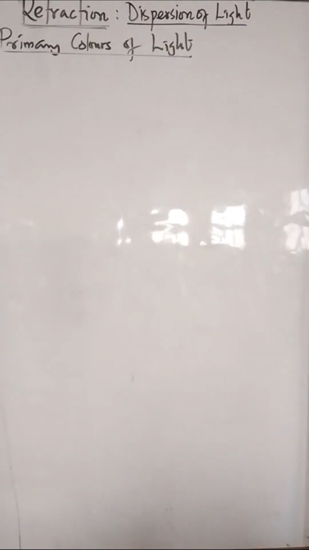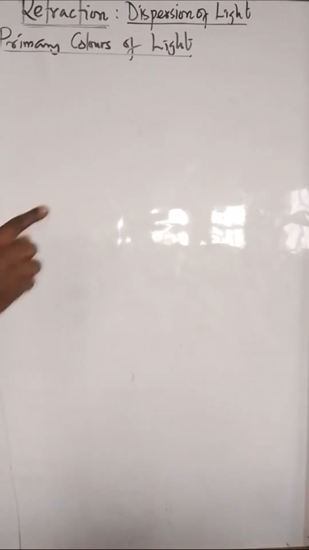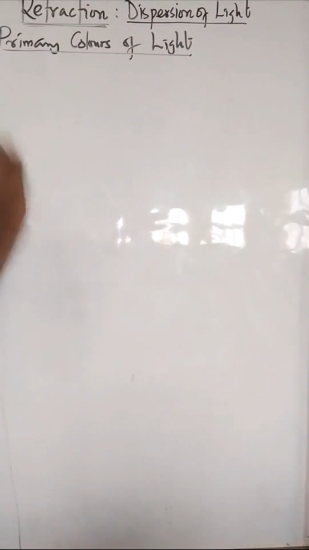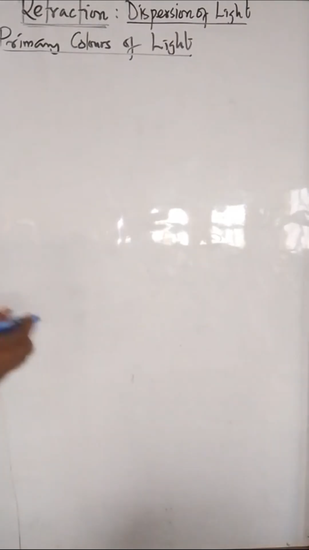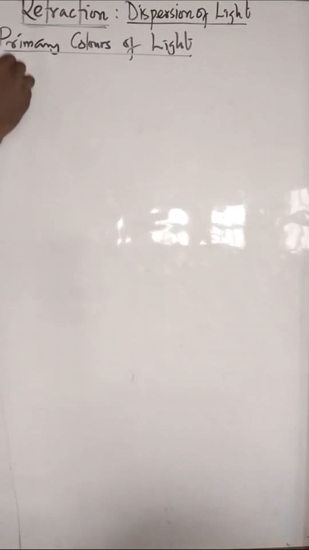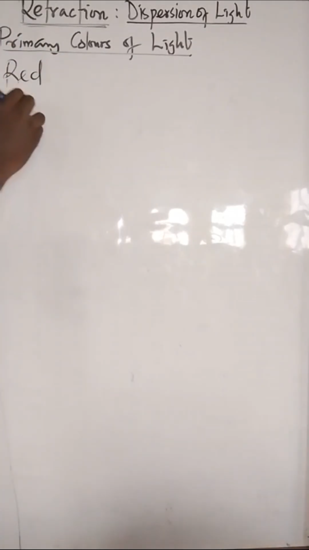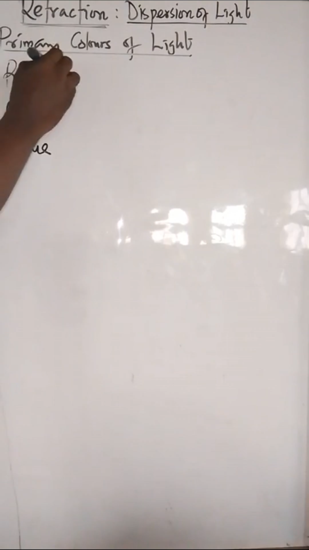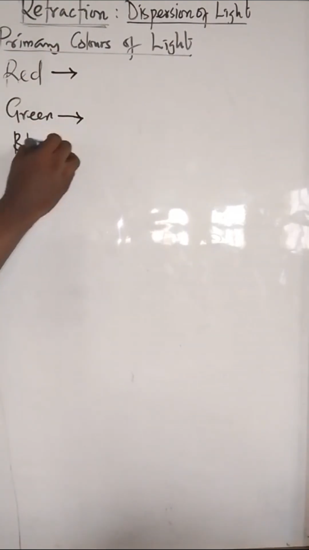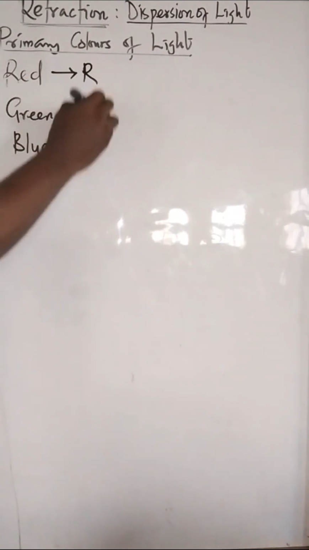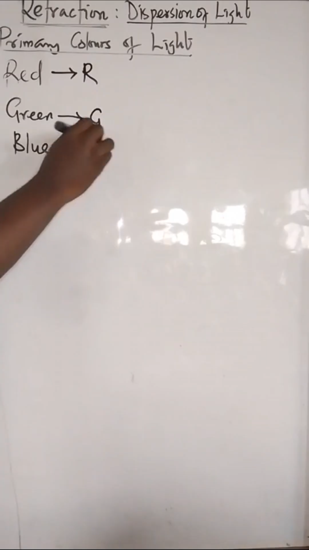There are three primary colors of light. Please note, when you say primary colors of light it is important, because we also have primary colors of paint. So for light, we have red, green, and blue. These three lights are monochromatic, meaning they have no component within them.